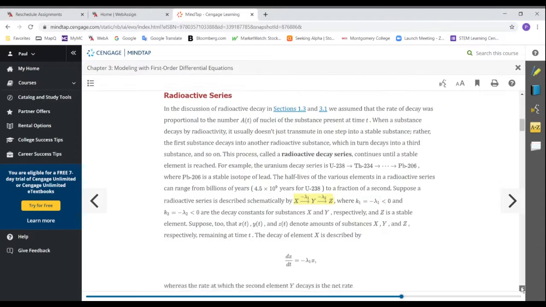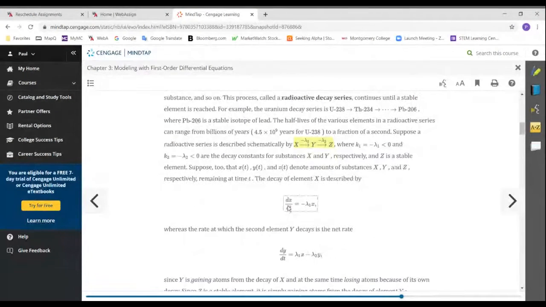So you can represent, for instance, the decay of element X with respect to t as negative lambda 1 times X. The lambdas are positive. So that differential equation represents what kind of decay? You should know this.